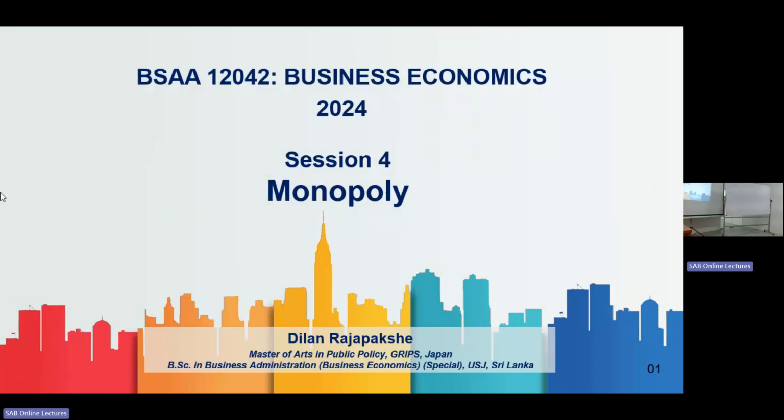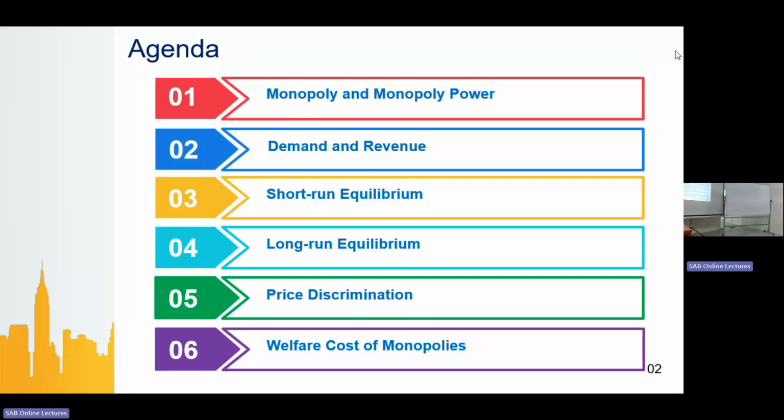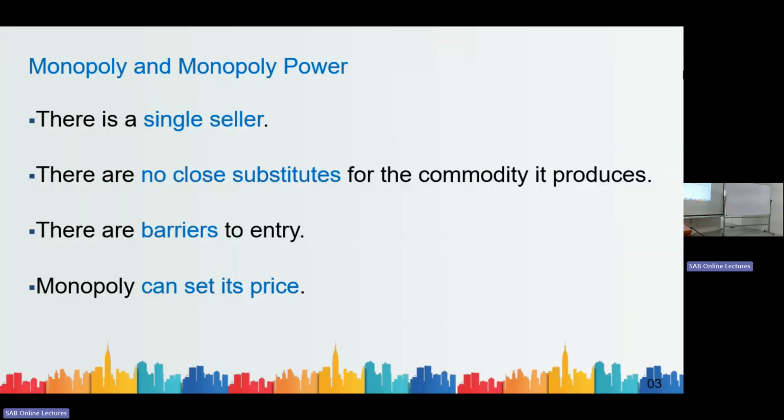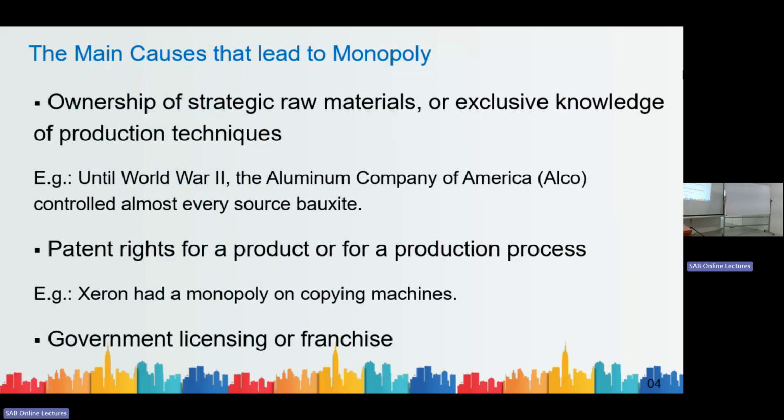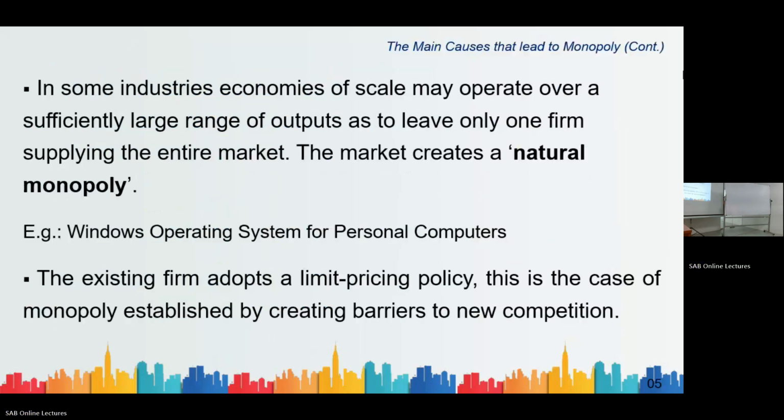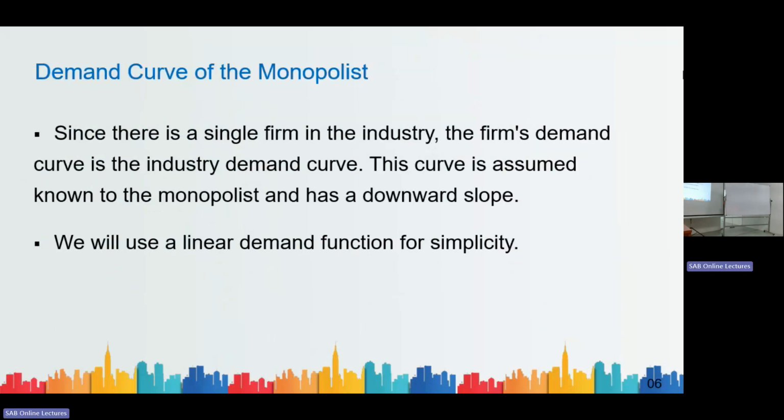Good morning, everyone. In the last week, we started discussing monopoly, and there we discussed the characteristics of a monopoly, the main causes of monopoly, and the nature of the demand curve of the monopolies.